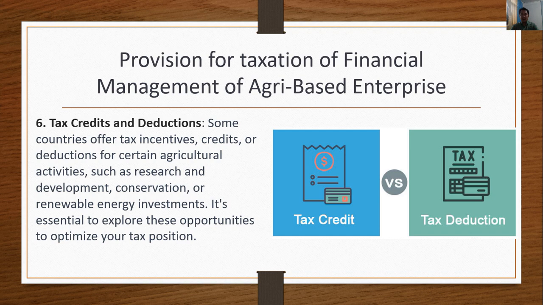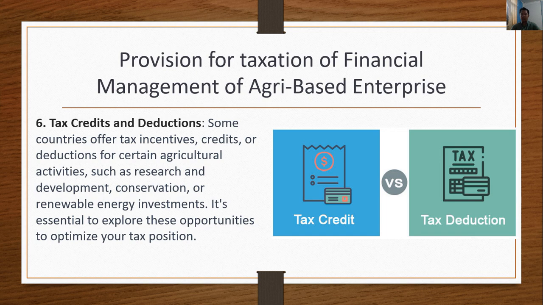And also tax credits and deductions. Some countries offer tax incentives, credits, or deductions for certain agricultural activities, such as research and development, conservation, or renewable energy investments.